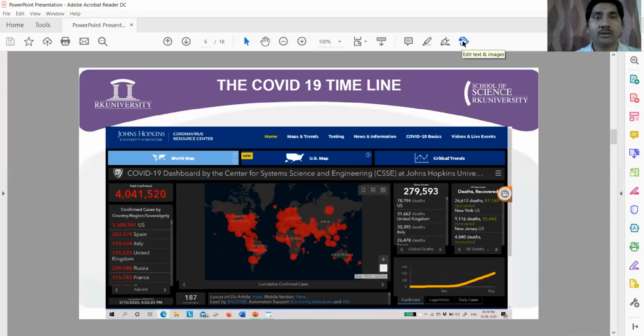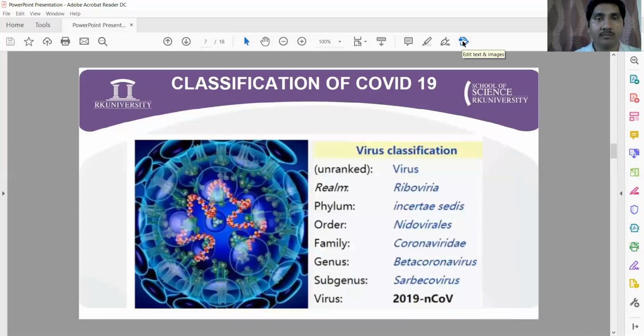It is increasing every minute, every day at a very fast rate, which is currently a matter of concern for all countries, whether it is a developed country or a developing country.